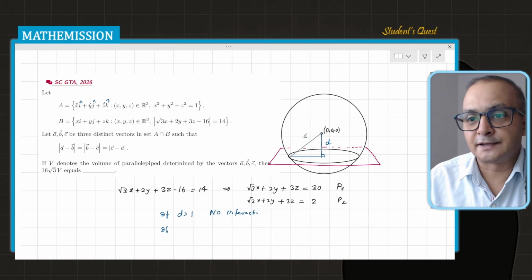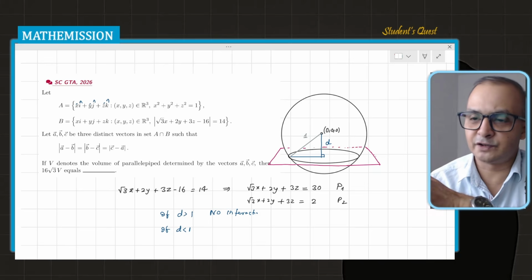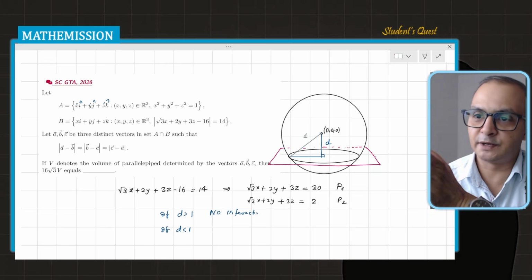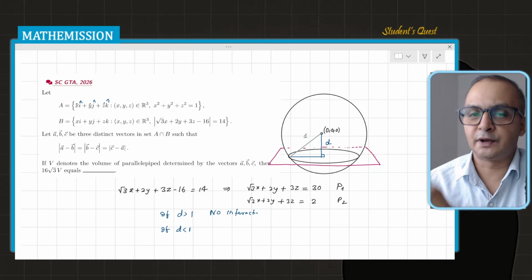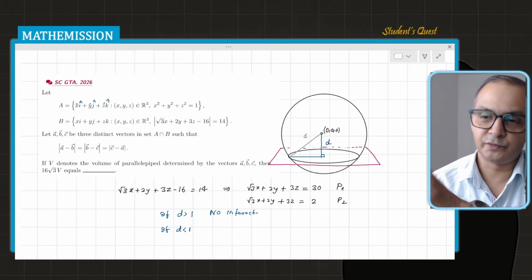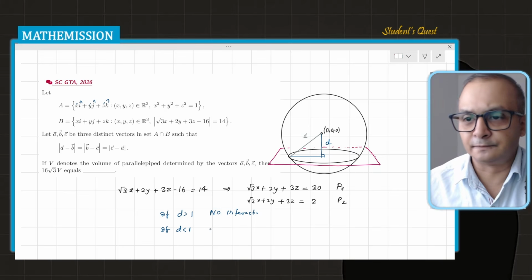But if d is less than or equal to 1, there is some interaction. If exactly 1, then it will be touching, and so on. It is the simple, analogous concept we use for the circle and the line for tangency. So here, yes, the intersection will happen.